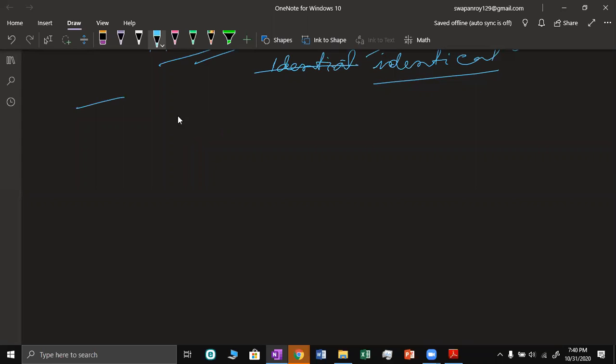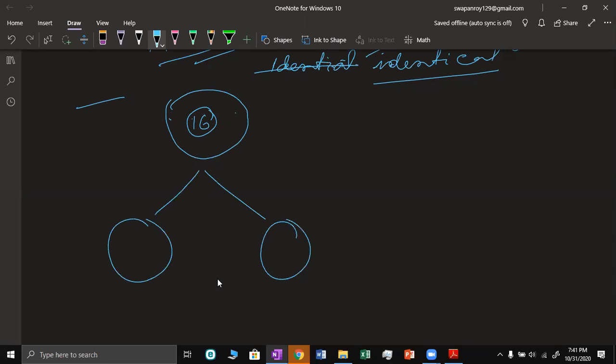Say a mother cell has 16 chromosomes. This will divide into two daughter cells.